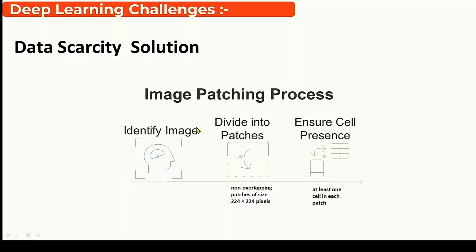We solve the data scarcity by identifying the image, then dividing it into non-overlapping patches with a limited size, as determined for the input for the UNet, and we ensure that each patch has at least one cell. From this solution, we enrich our images into 2,200 patches. Okay.